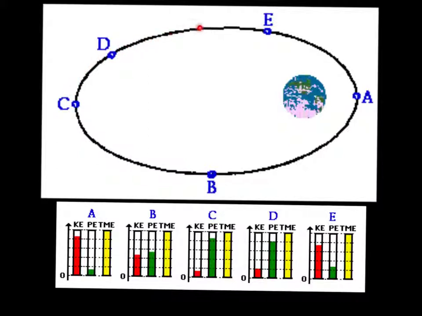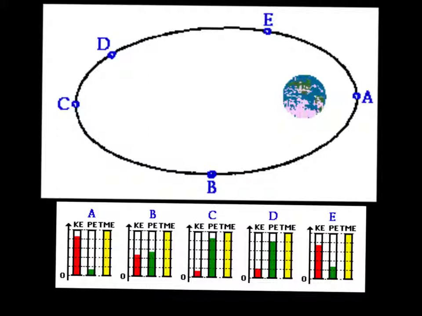And then as it starts going back, it speeds up again until it has the least amount of potential energy and the greatest amount of kinetic energy. But you can see at position B, our kinetic energy is a little bit less than our potential energy. At position D, our potential energy is noticeably greater than our kinetic energy. And then these types of energy keep switching off back and forth.